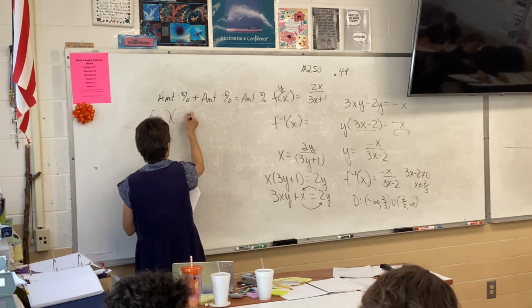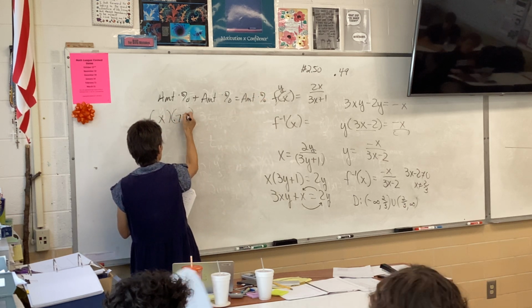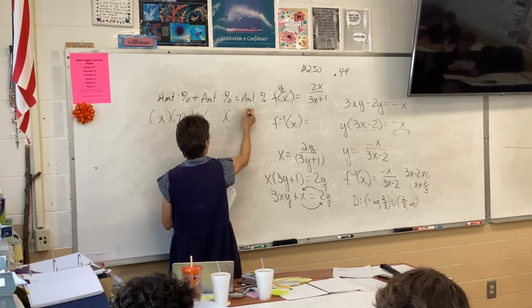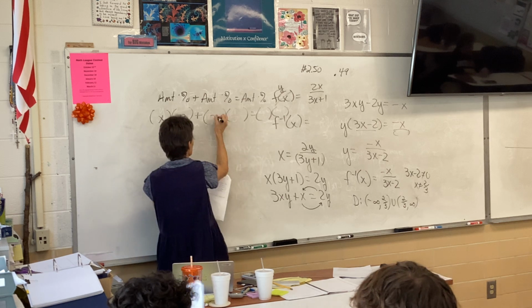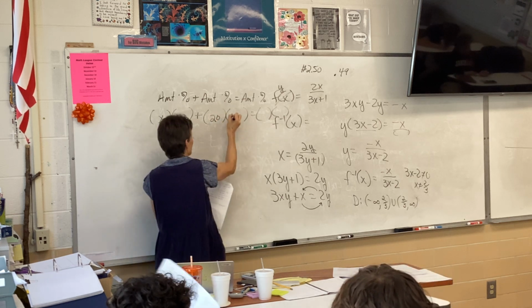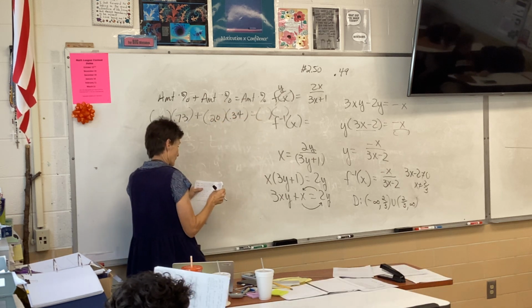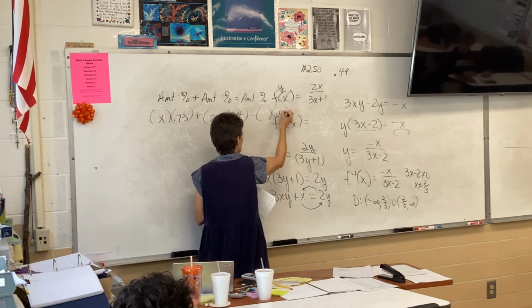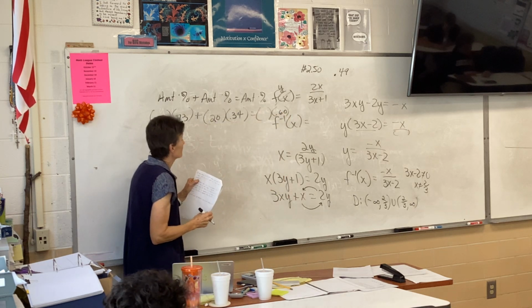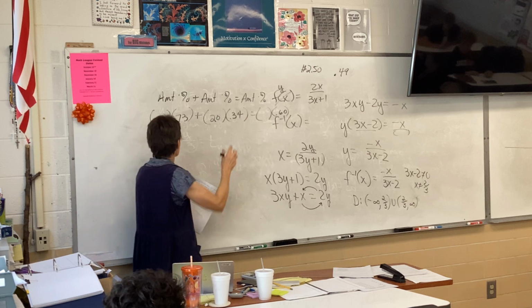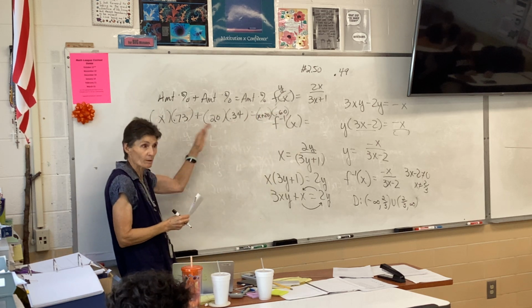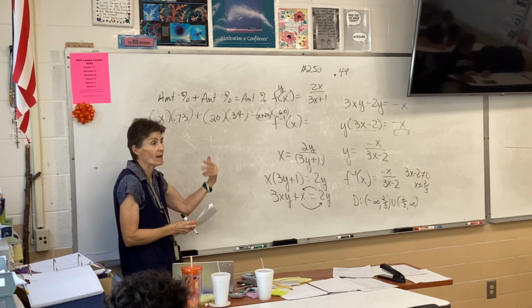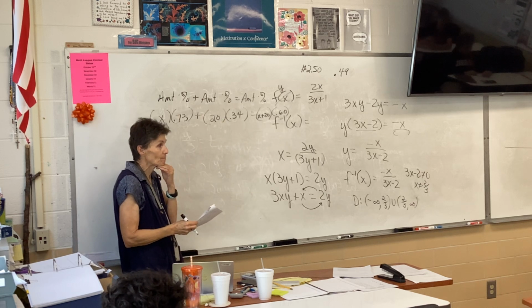How many ounces of 73% needs to be mixed with 20 ounces of 34% to get a 60% solution? This is going to be x plus 20. And then I'm going to distribute, and we come up with my answer.